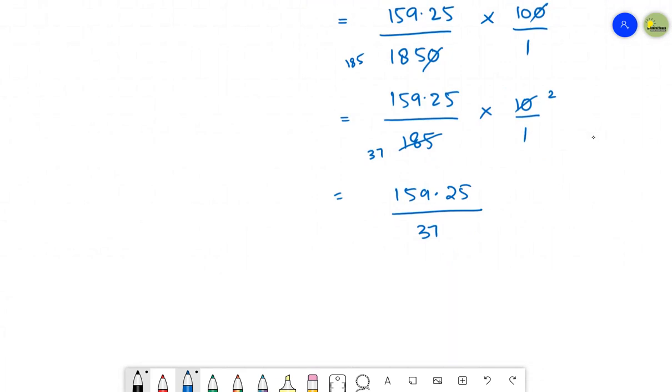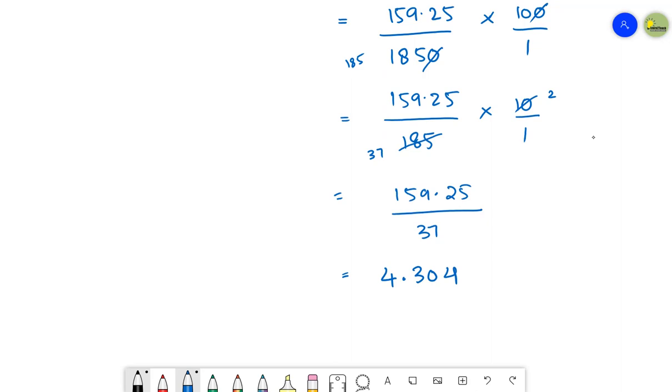I hope you can do the division of a decimal number by an integer. So let's divide it by 37. You will get 4.304. Suppose we get a very big value, but you have to do it till 2 decimal places.